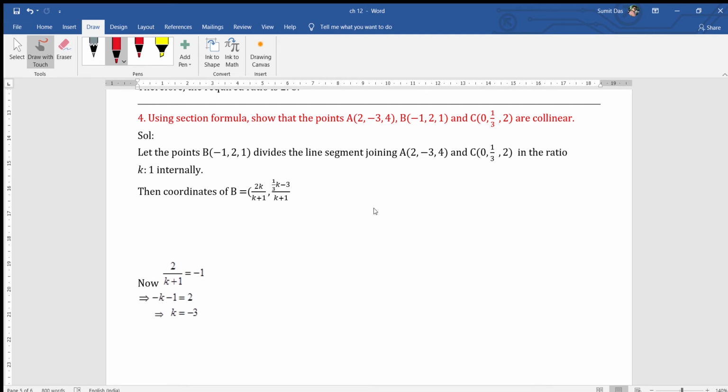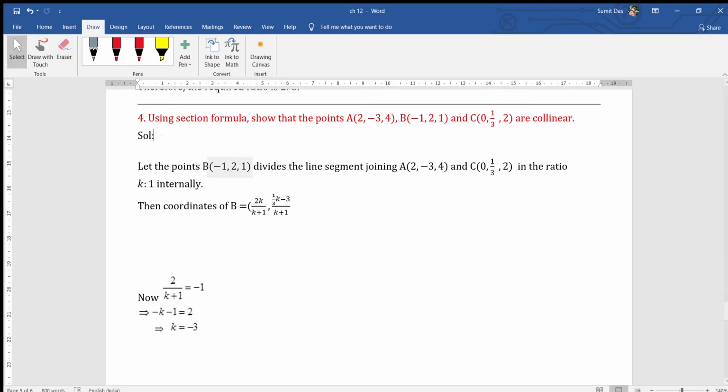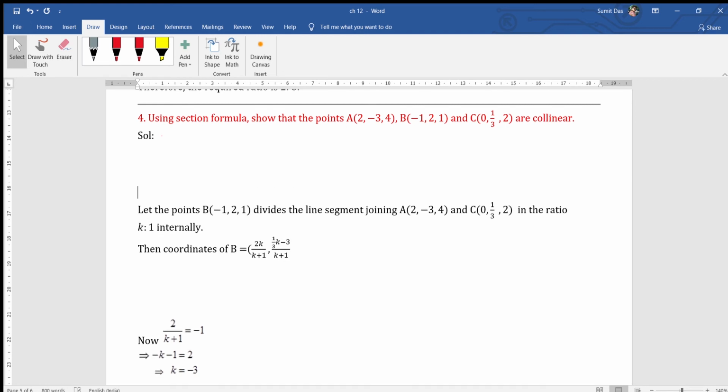The question is saying one line segment is there.